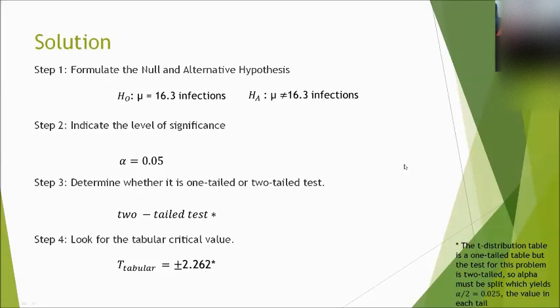Determine whether it is a one-tailed or two-tailed test. So again, since we use the not equal sign in the alternative hypothesis, it means that you're going to use the two-tailed test. So again, let's check the t-table. Okay, going back to the given problem.